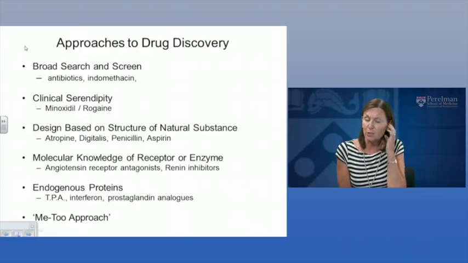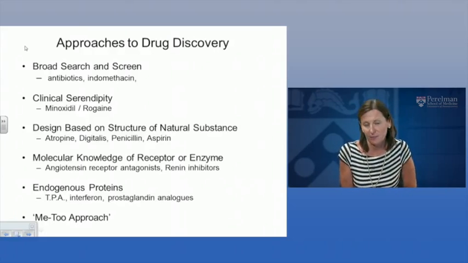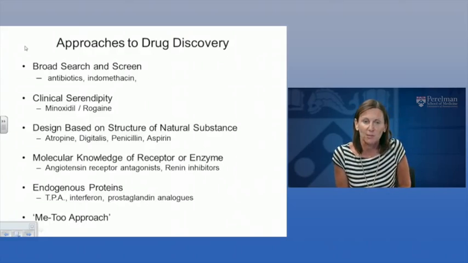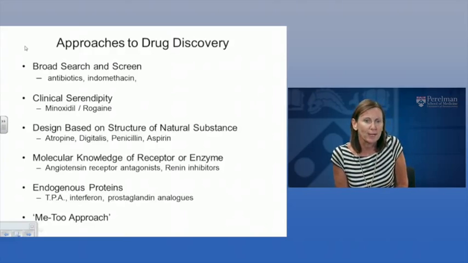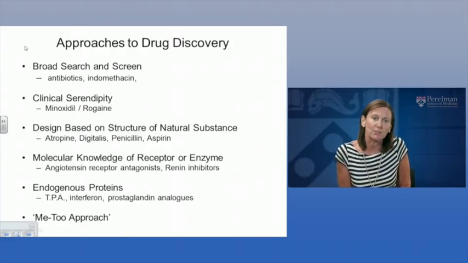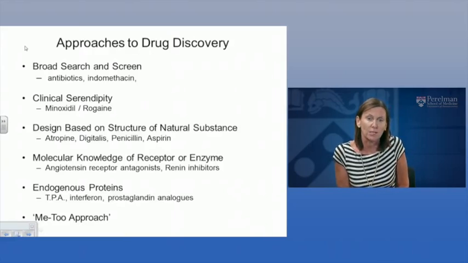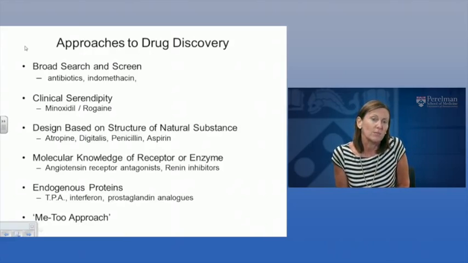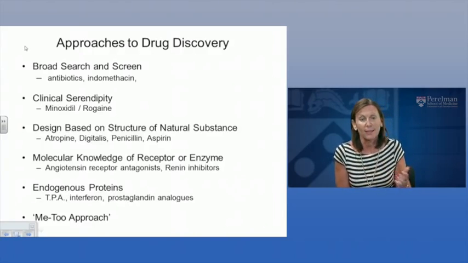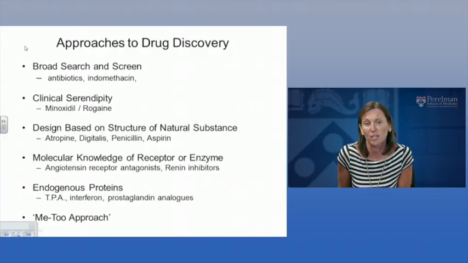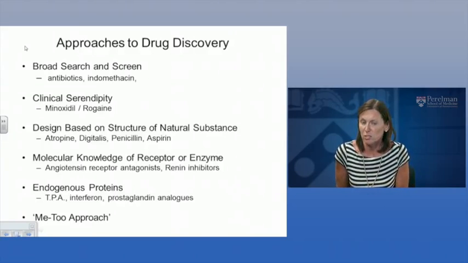And then there's the final approach, the Me Too approach. This, from my perspective, is somewhat unimaginative, but maybe necessary from an economic perspective. It is the idea of generating a drug which is very similar to a drug that's already on the market. This typically occurs in the domain of large pharma, different companies competing with each other to get different drugs to the market.